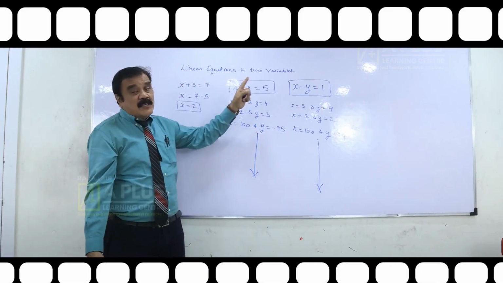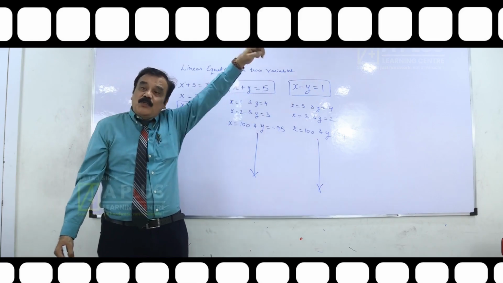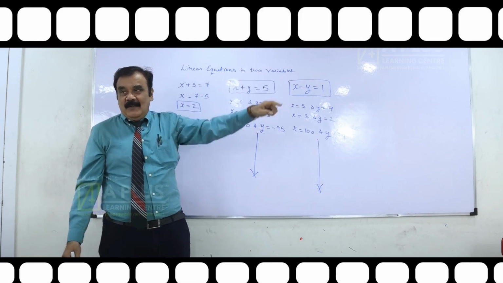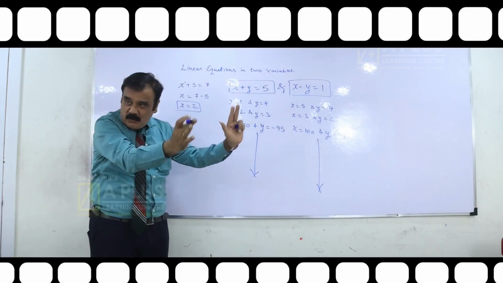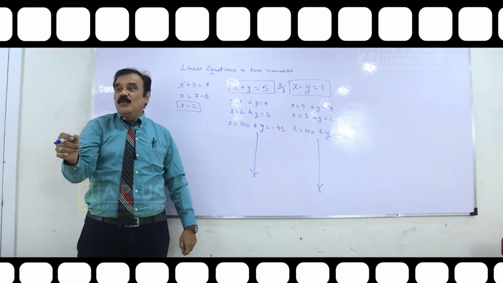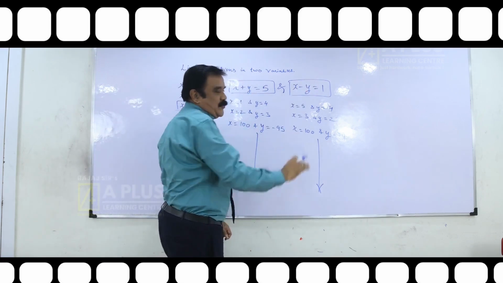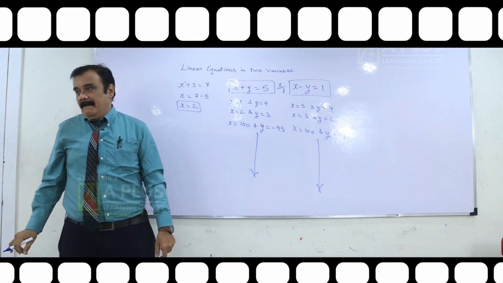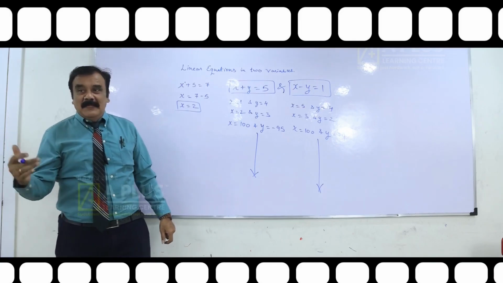But if I solve both together, what will happen? This and this equation, if I solve together, I will get only one unique solution which will satisfy this equation and this equation. What will that be?